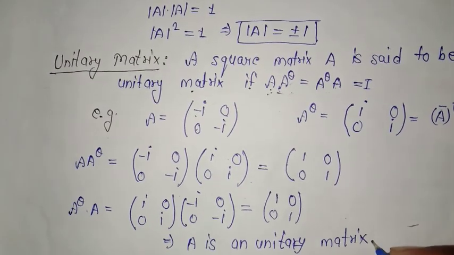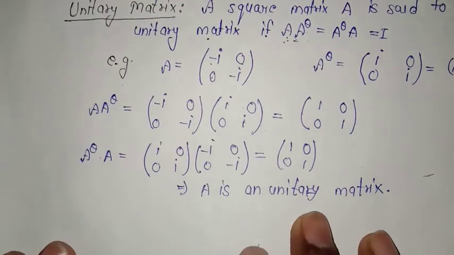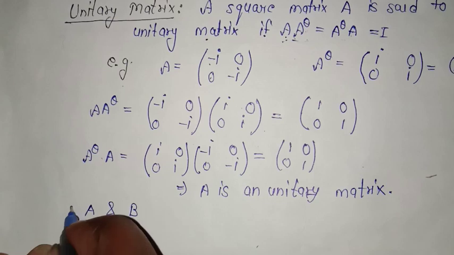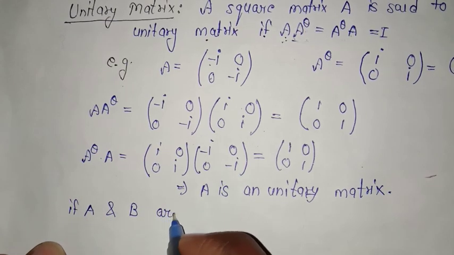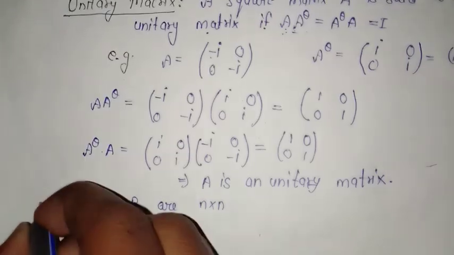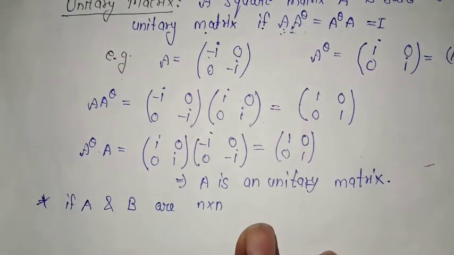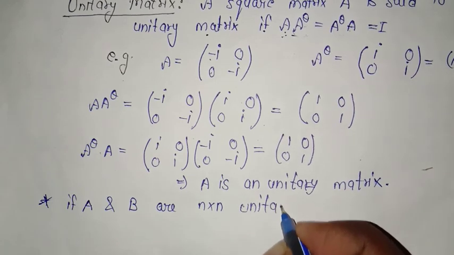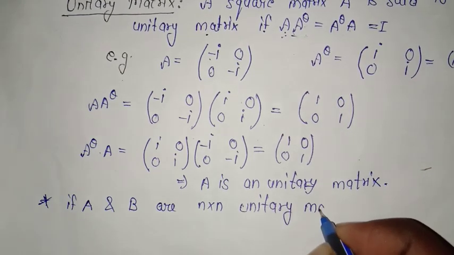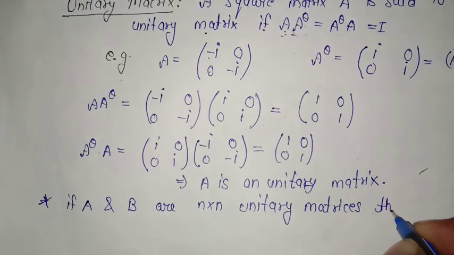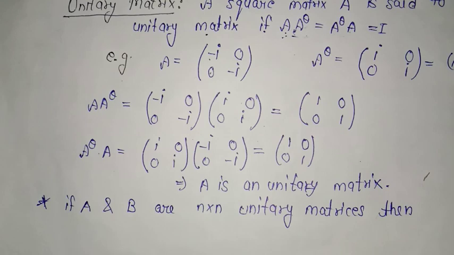As we have discussed in the properties of orthogonal matrix, if A and B are n cross n unitary matrices, then AB and BA are also unitary matrices.